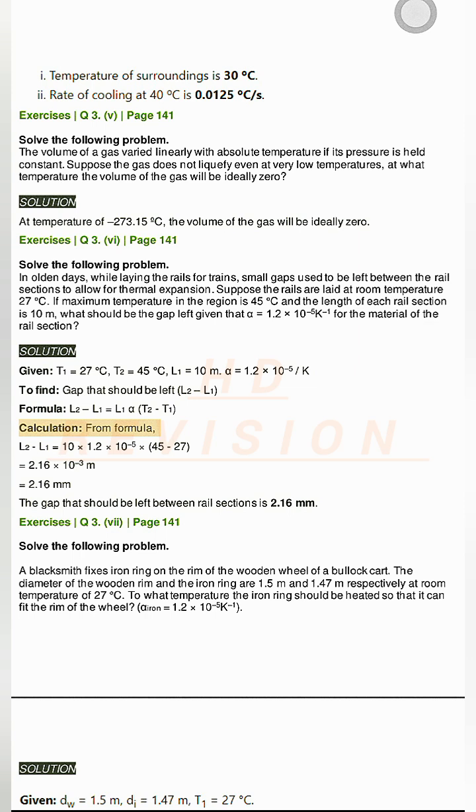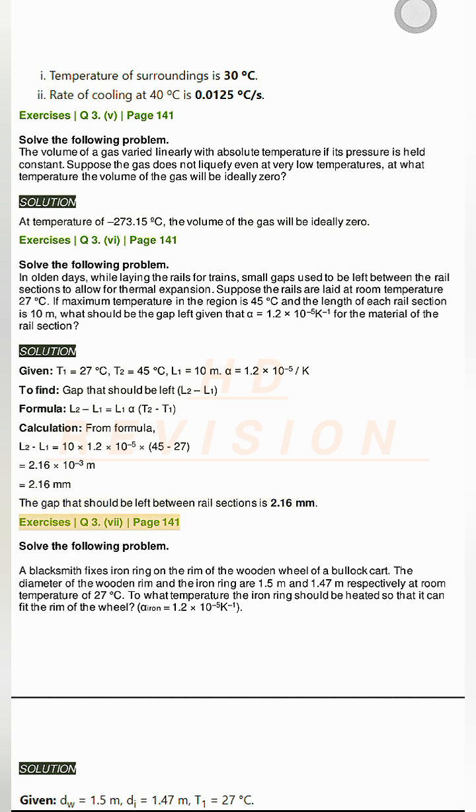Calculation: L2 minus L1 equals 10 times 1.2 times 10 to the power minus 5 times (45 minus 27) equals 2.16 times 10 to the power minus 3 meters, equals 2.16 millimeters. The gap that should be left between rail sections is 2.16 millimeters.